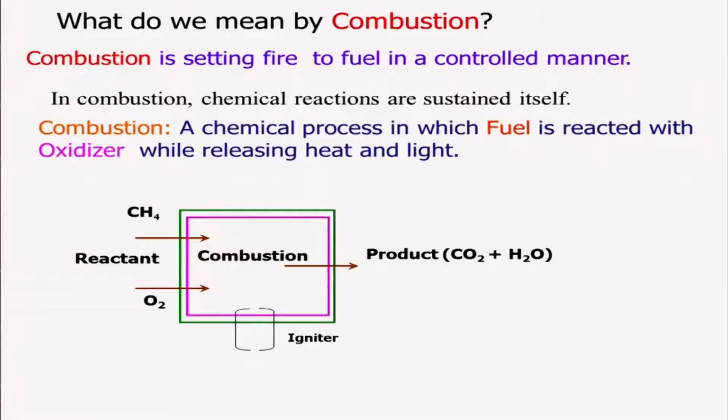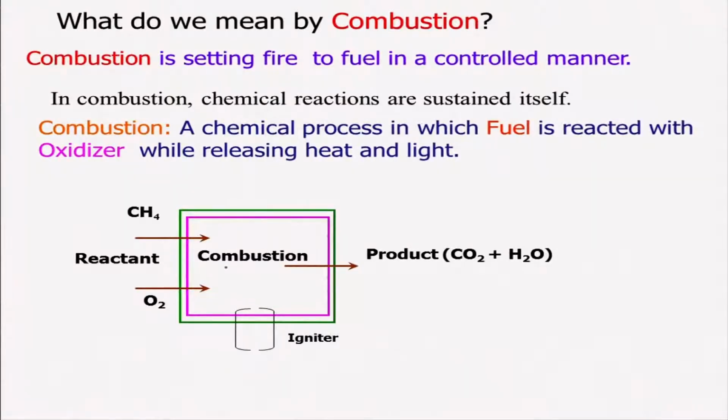So, for example, if we consider a burner or a combustor, where the chemical reaction is taking place, into this chamber 1 mole of methane is entering, along with the oxygen, right.